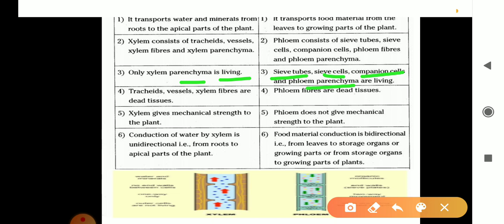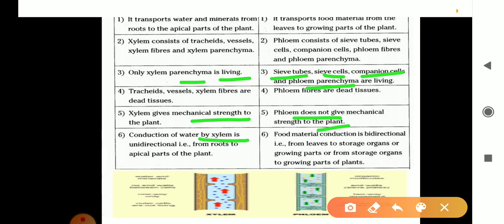The next is xylem gives mechanical strength to the plant, whereas phloem does not give any mechanical strength to the plant. I told you, sclerenchyma fibers help in giving mechanical strength to that particular tissue, phloem. The next is conduction of water by xylem is unidirectional.